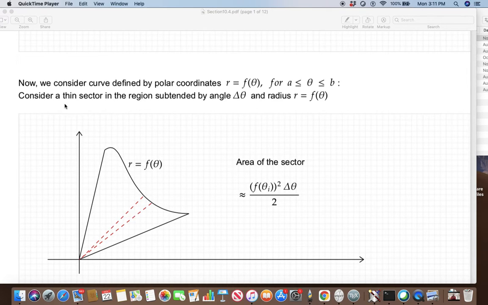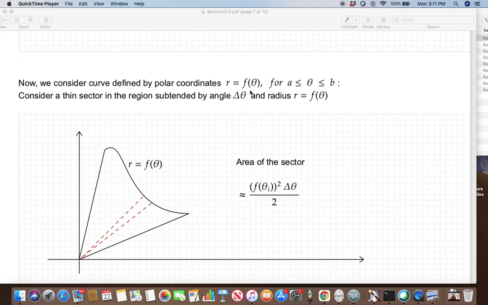So what do we do? Consider a thin sector here. Take a thin strip here, but it's actually a sector. It meets at the origin and radially moves out. This angle here, let's call it delta theta, and the radius here, let it be f at theta.